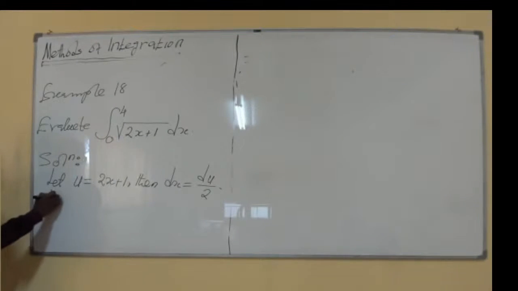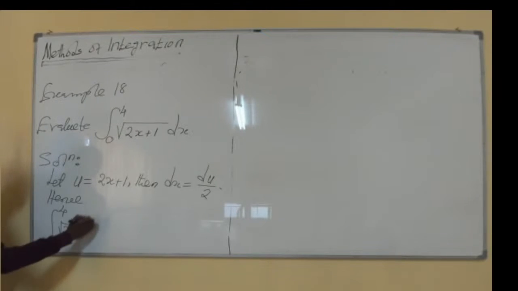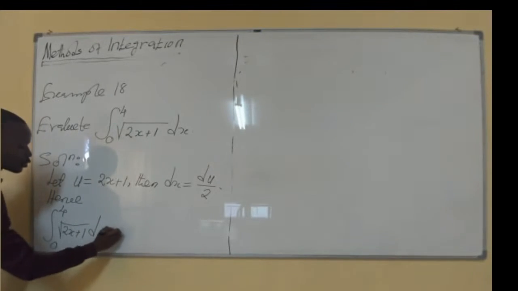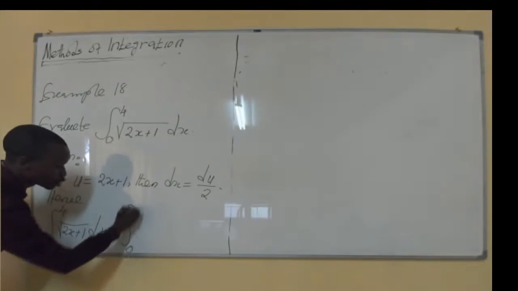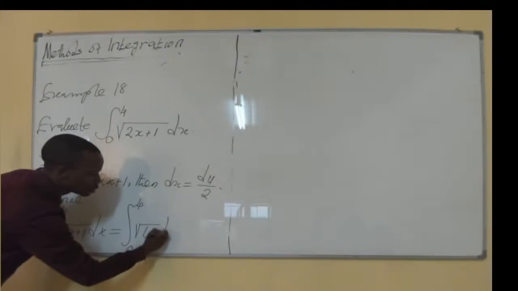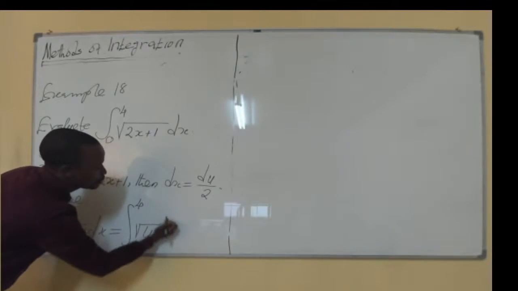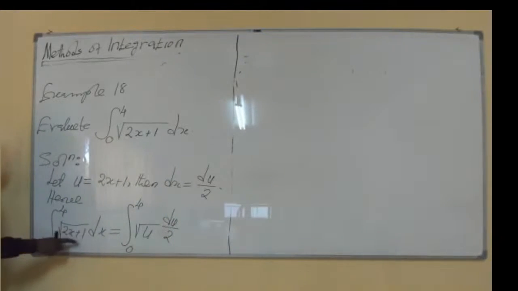Hence, the integral from 0 to 4 of the square root of 2x plus 1 dx is equal to the integral from 0 to 4 of the square root of u du over 2.